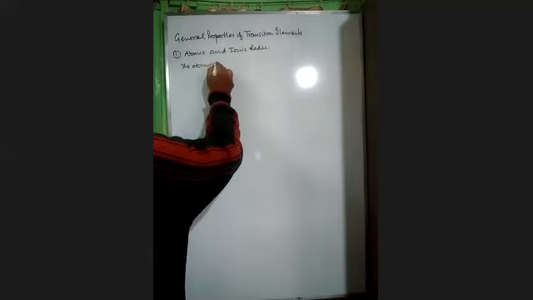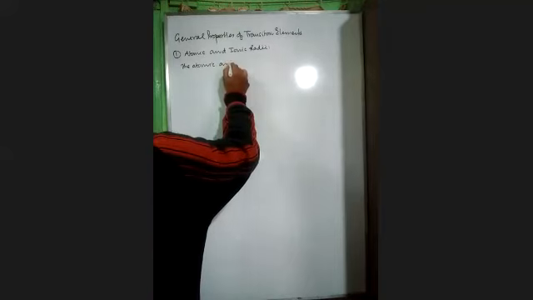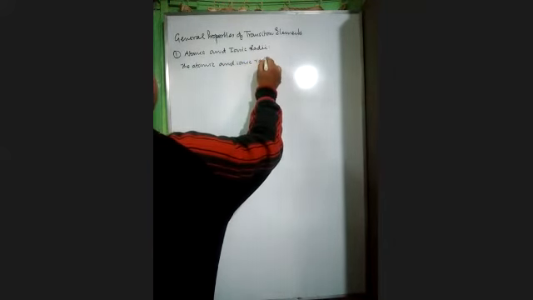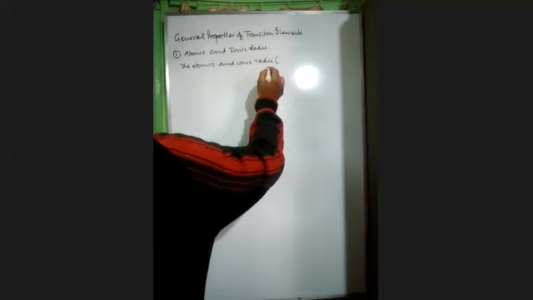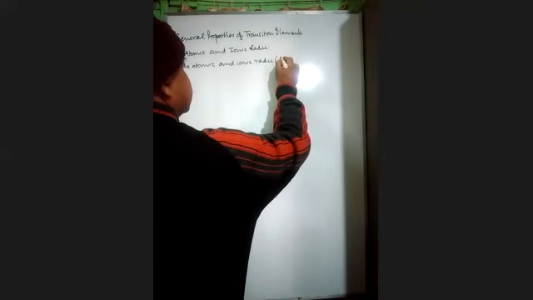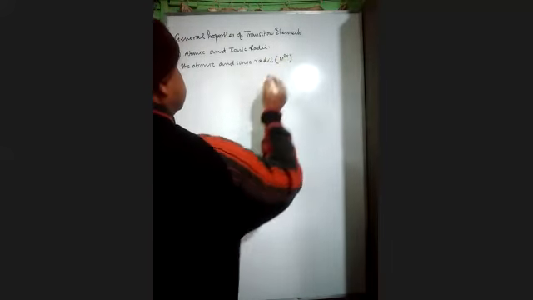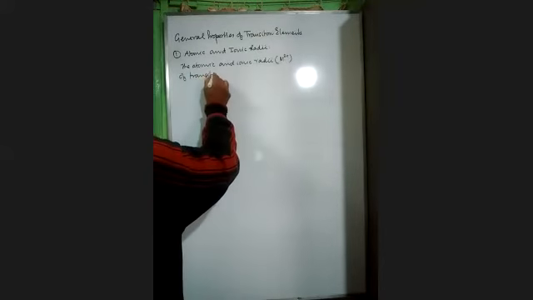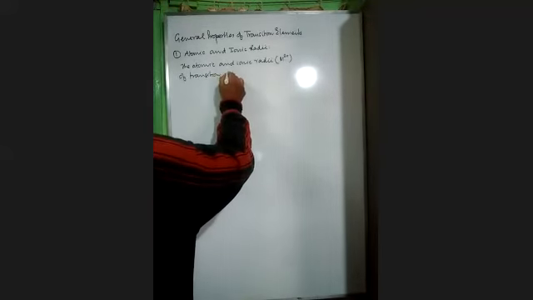Right. The atomic and ionic radii. What ion do we generally take? We find that the stable state is +2 of transition elements.